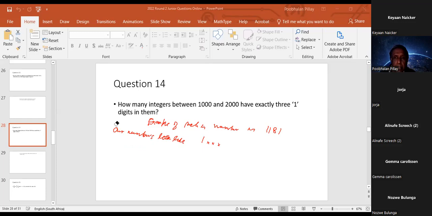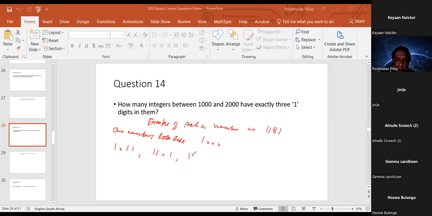Okay, so what we can do now is, one of the digits is left out of these 4. So let's leave one digit out. Suppose we leave the second digit out, but then you need to have two 1s. The first one is always 1, so you need only 2 more 1s. If you leave the second digit out, you get that, or you can leave the third digit out and you get that.